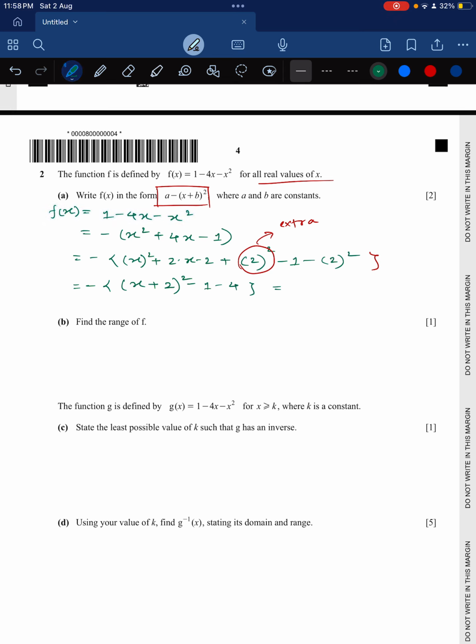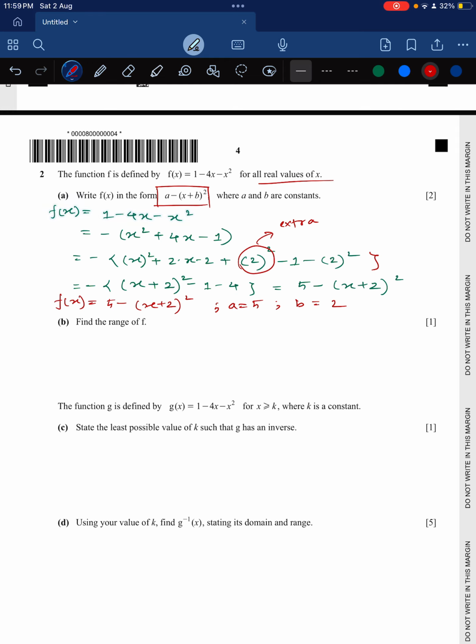So finally we get 5 minus x plus 2 whole squared. So we can write the whole thing as f of x is equal to 5 minus x plus 2 whole squared. So if we compare this, we can write that a is equal to 5 and b is equal to 2.